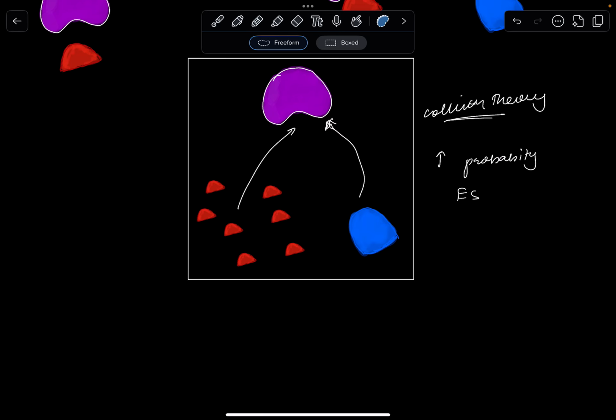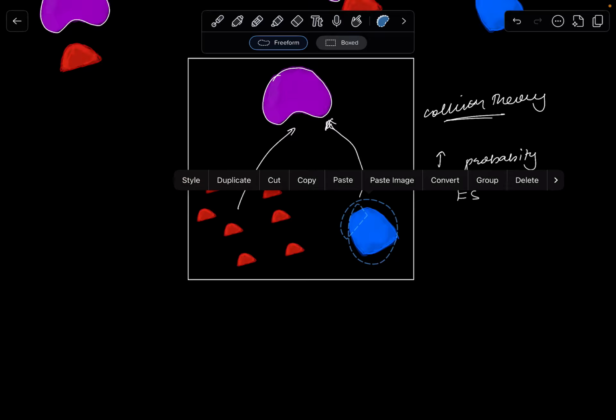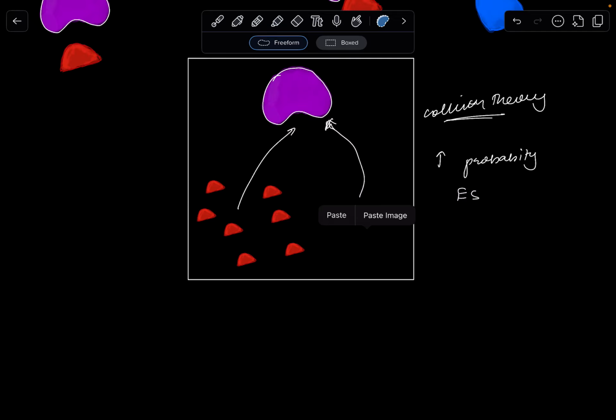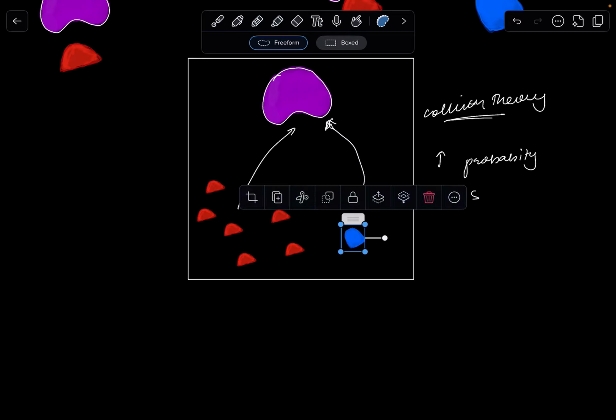If I increase red, is red more likely to bump into this active site, or is the blue one? It's obviously the red one.